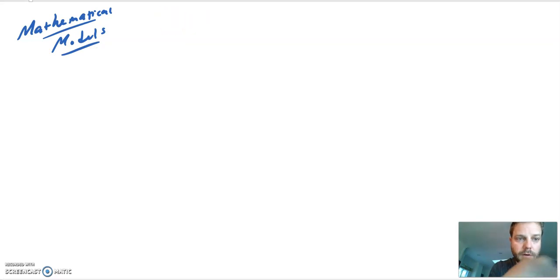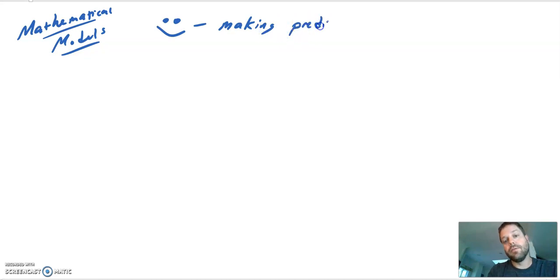So now what these are going to be good for is, unlike the graphs that allow us to see the relationship really well by the shape of the curve, these are going to be much better at allowing us to make predictions. So I'm going to say it's good for making predictions algebraically.